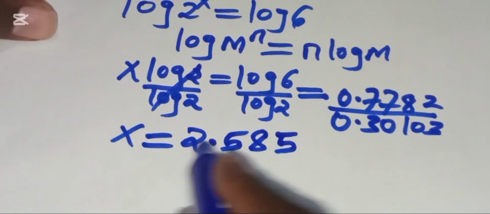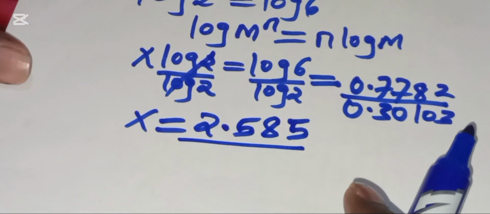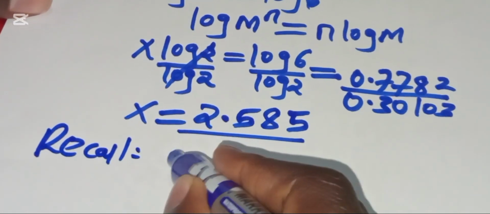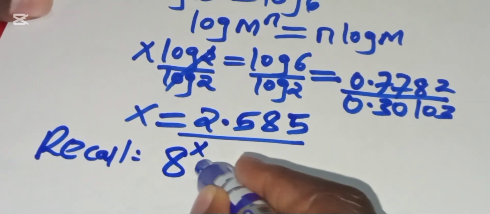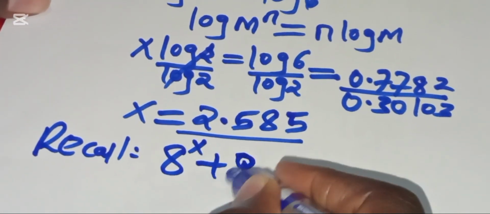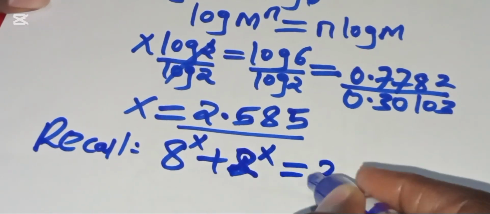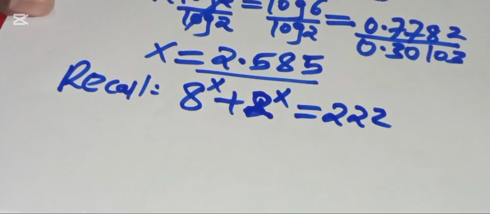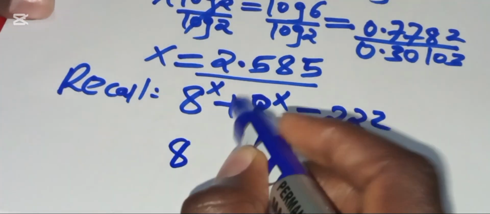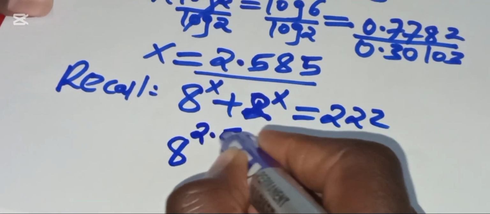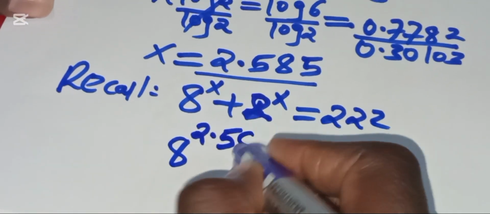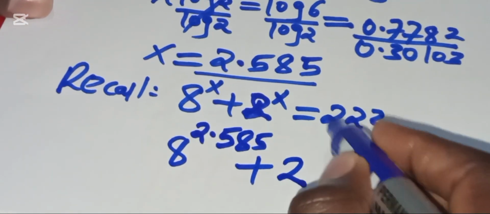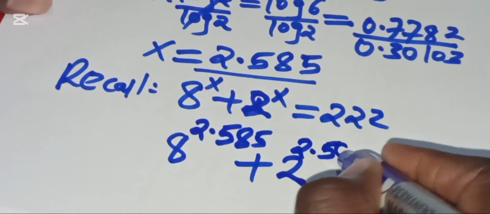Okay, so let's check if this value of x satisfies the equation. Again, as you might recall, we have that 8 raised to power x plus 2 raised to power x is supposed to give us 222. So let's substitute the value of x. You're going to have 8 raised to power 2.585 plus 2 raised to power 2.585.